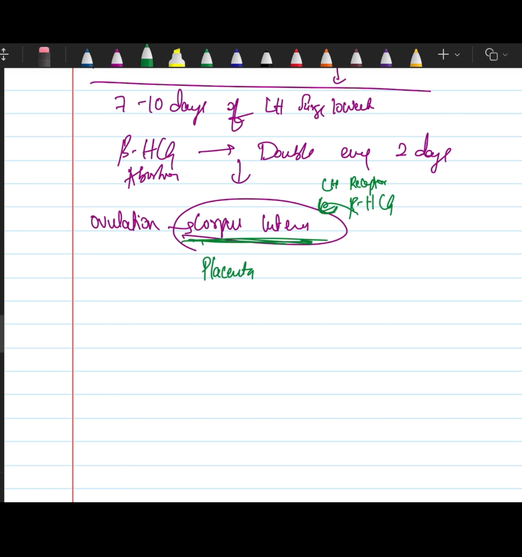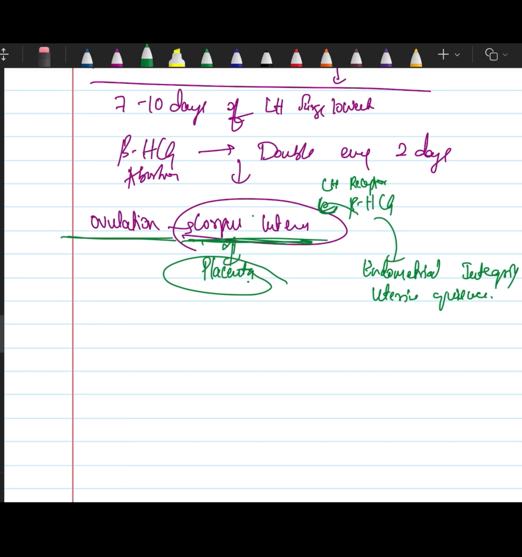Understood? So this also helps in maintaining endometrial integrity and uterine quiescence. Okay, so this shift, what we call the luteal placental shift, that means the function of the ovary is taken over by the placenta, that is known as your luteal placental shift.